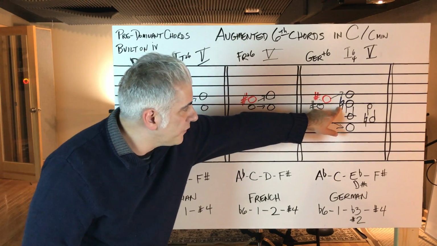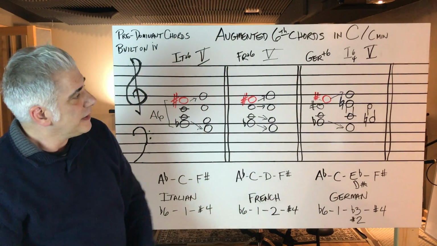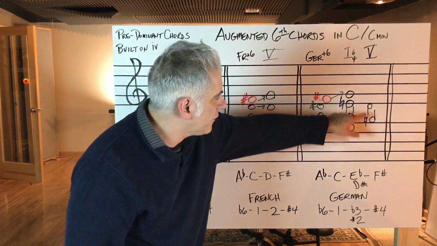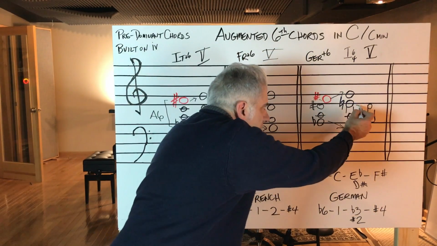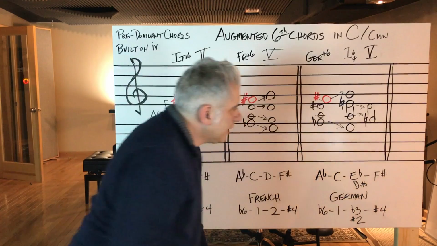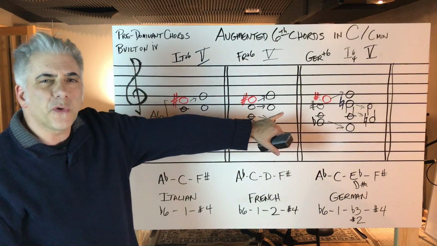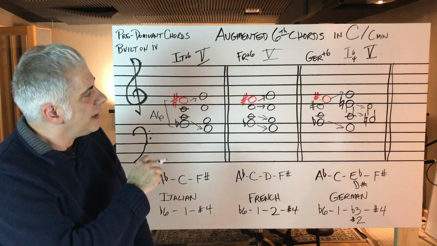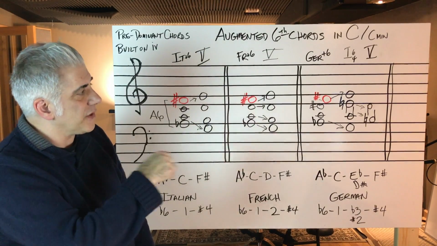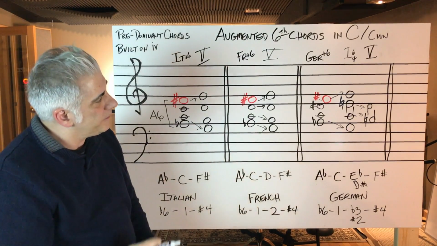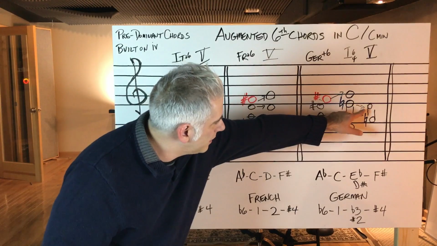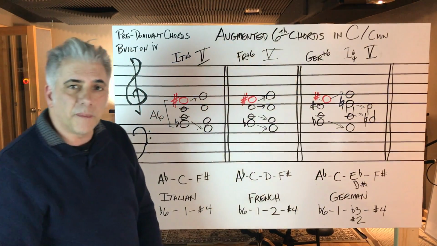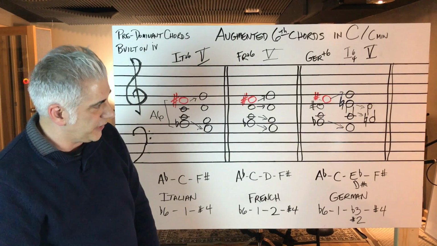And the D sharp moves up to the third, which is E. And then these two notes resolve down: the E resolves down to D, and the C resolves down to B. This isn't the best spacing for the chords. I'm going to show you better examples with better spacing of the chords. I did it with this close spacing so you'd be able to really understand it. This moves down from E to D, which is a whole step. The C moves down a half step to the B, which is the leading tone in the key of C.